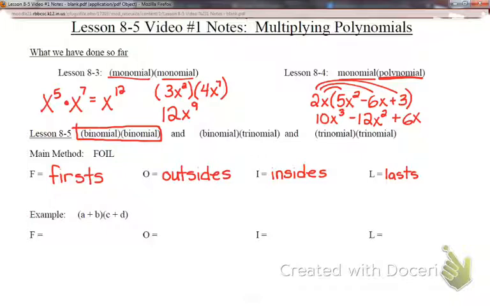So this first example here is just a real basic one. I didn't want to put any numbers in here. I just put the letters A, B, C, and D. So we have the binomial A plus B times the binomial C plus D. We're taking a binomial times another binomial. And I'm going to use the FOIL method to do this. So again, F is the firsts.